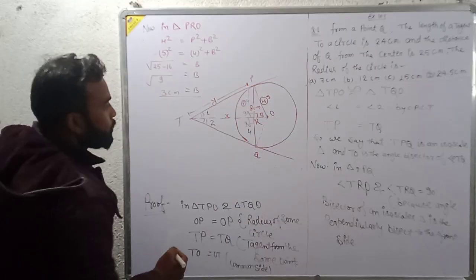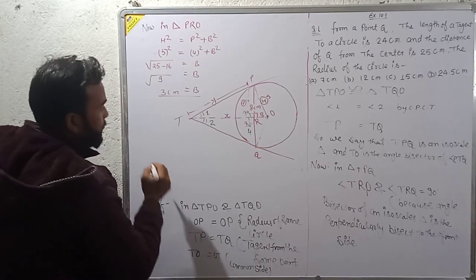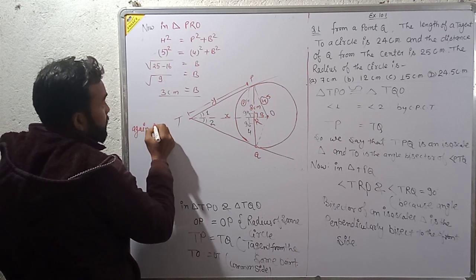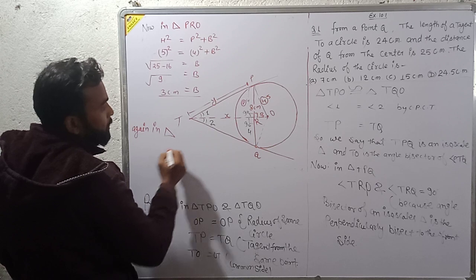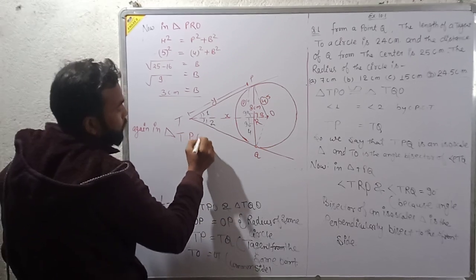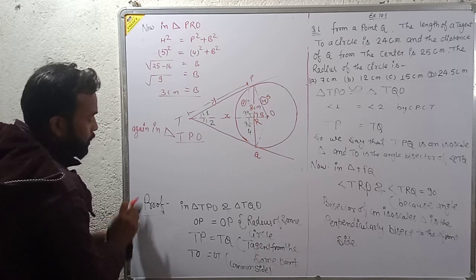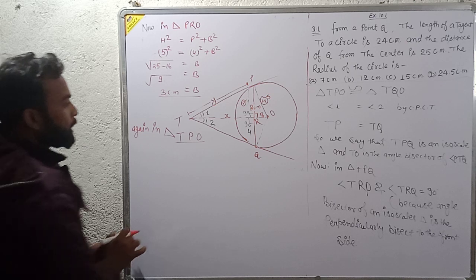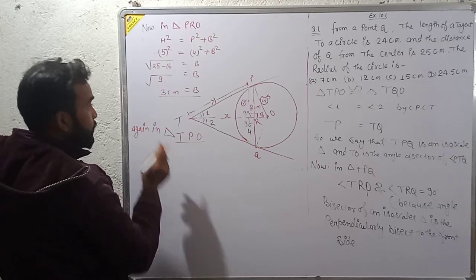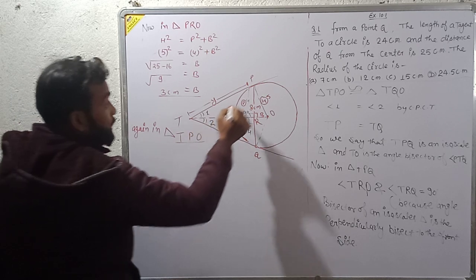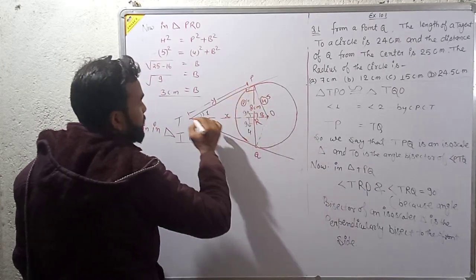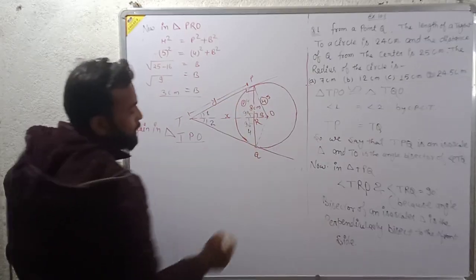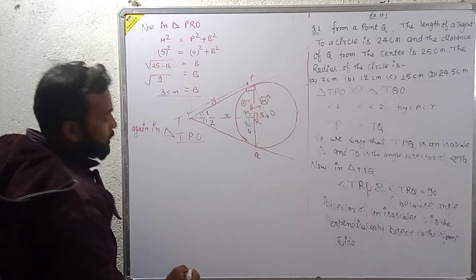Clear? Now in a right angle triangle TPO, here it is equal to 90 degrees because this is tangent and radius, because the angle formed between tangent and radius is always equal to 90 degrees.